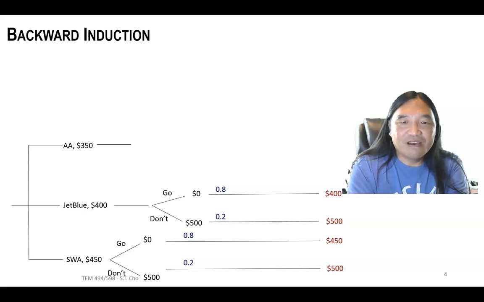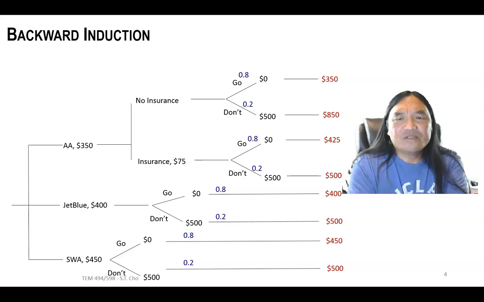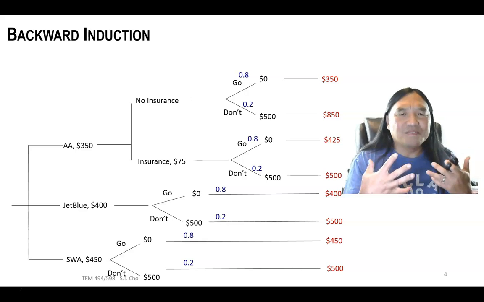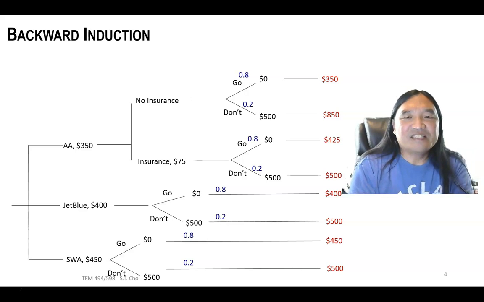However, with JetBlue, the base fee is going to be less. American, on the other hand, you have the opportunity to buy insurance. So when you have these big problems like this, what you need to do is just have the patience to write out every scenario.